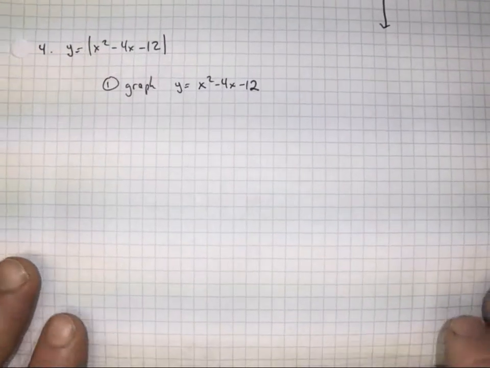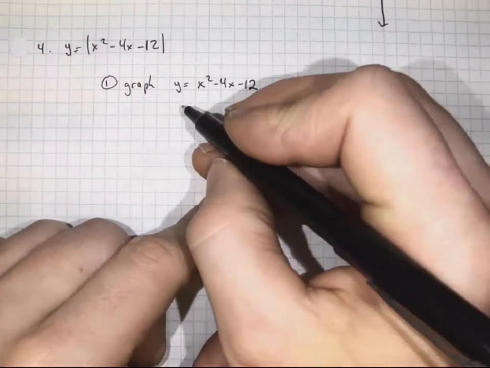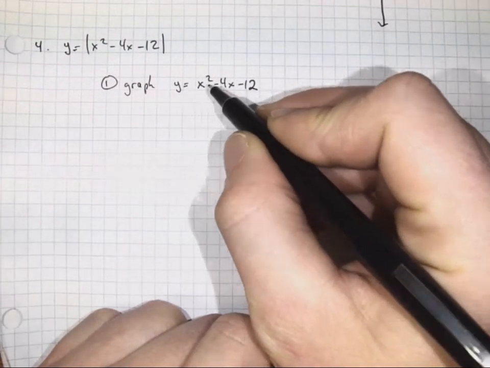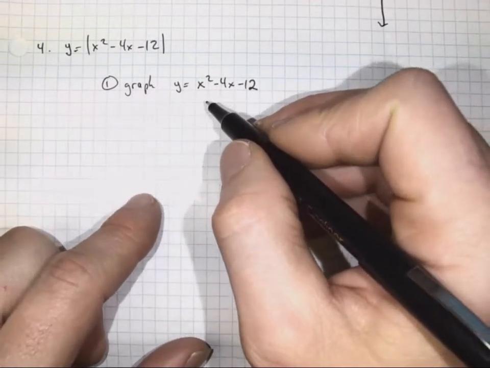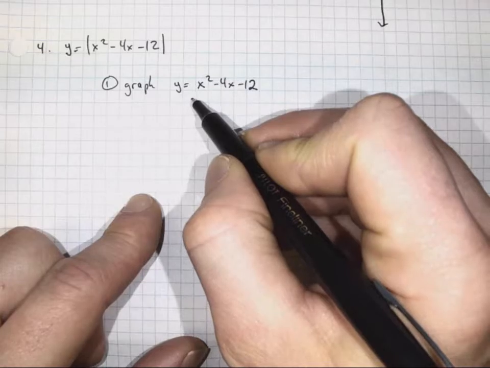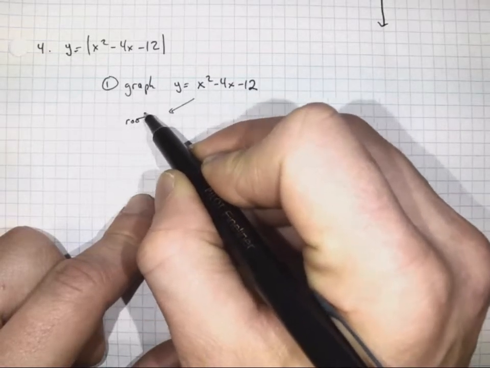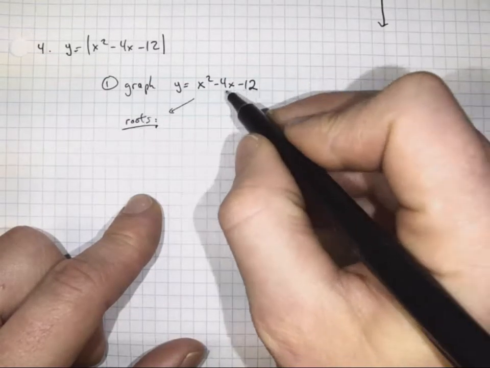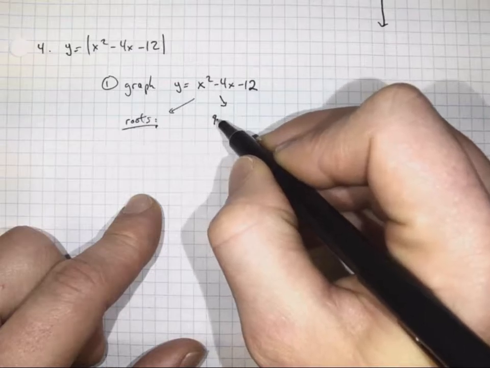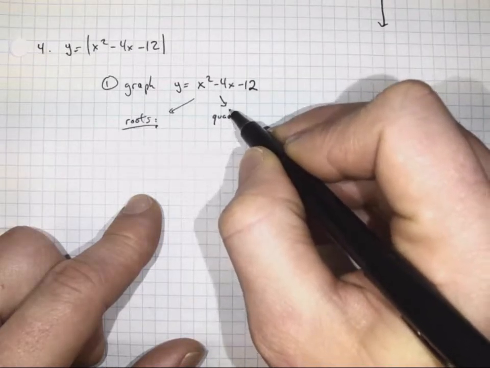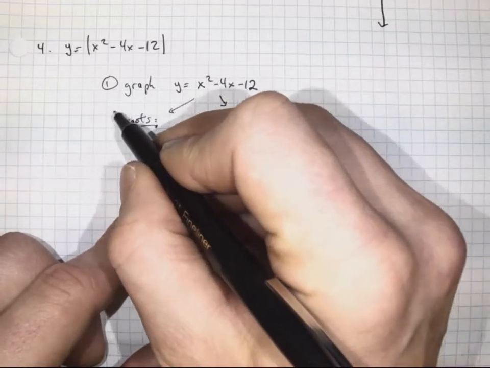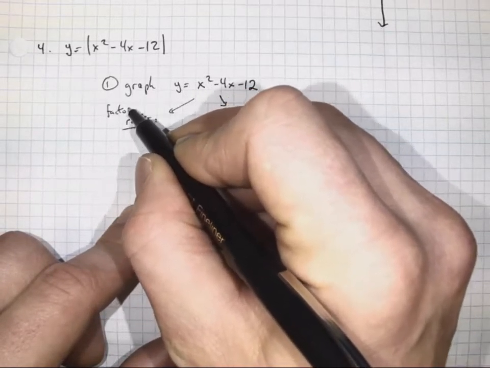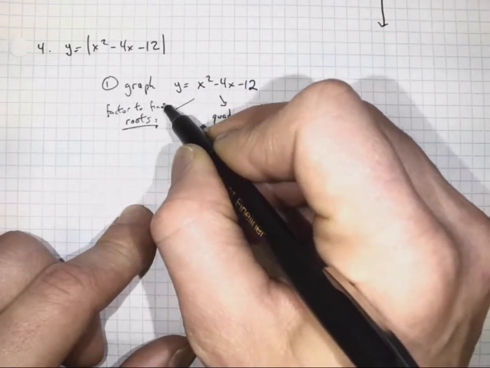All right. So let's see what we can do here. Well, this is going to be a parabola. And we have a few different ways of graphing parabolas. We can start with the roots. Well, we could use a quadratic formula as well to find the roots, which I guess is kind of like finding the roots. So maybe I should say factor to find roots.